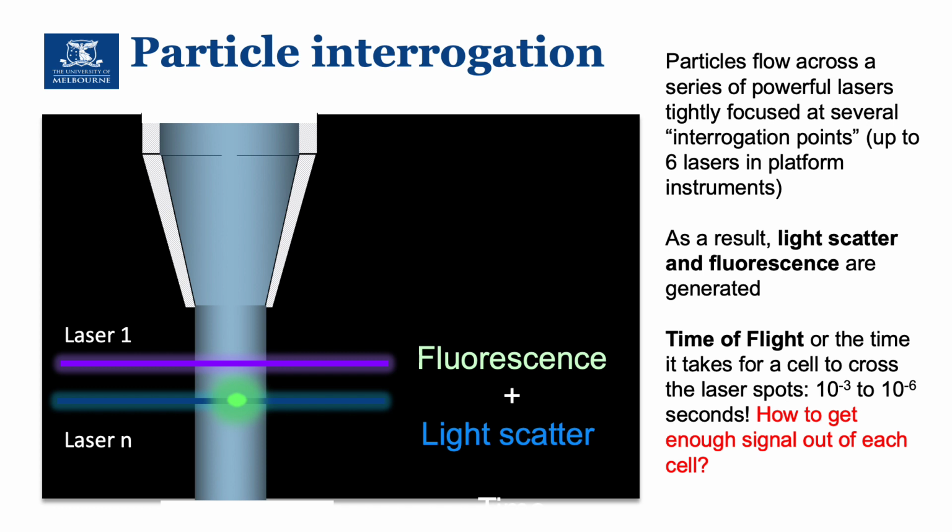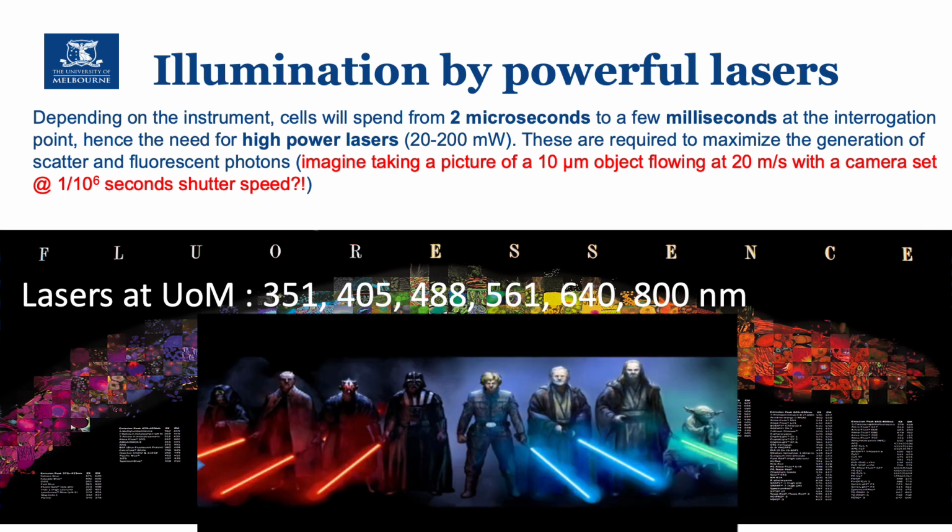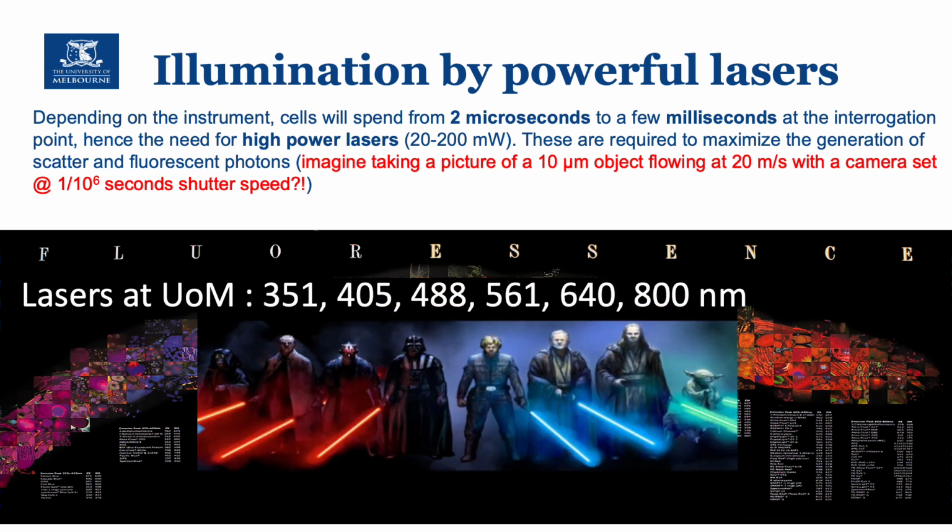This is very little time to get enough signal from particles, you would think, which explains why in cytometry we typically use high powered lasers. We cannot afford to use lasers or light sources of low intensity. We need to use powerful lasers in order to get most of the information out of the particles as they flow for a limited time across the laser beam.